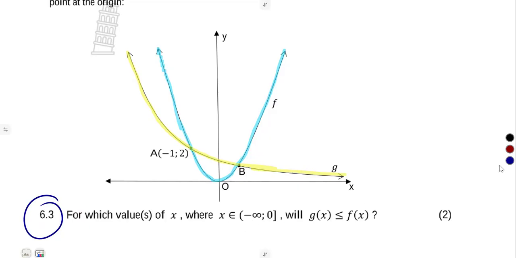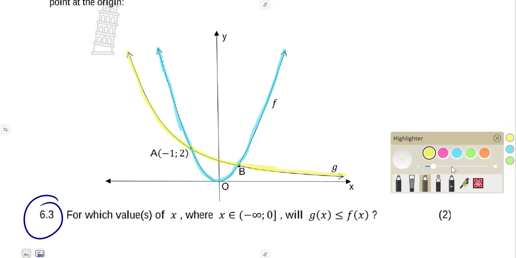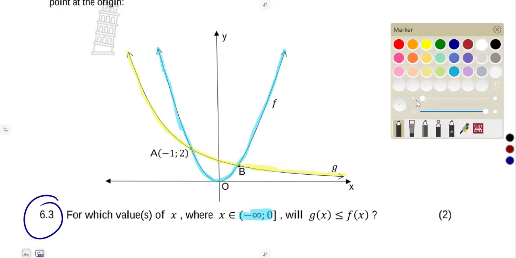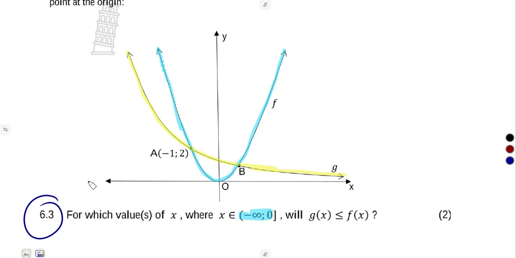So take note here, they gave us an instruction. You must also consider that instruction, from minus infinity up to 0. It means our values cannot be greater than 0. Minus infinity, we talk about on the left side, up to 0. So our values are only to be taken in that interval.